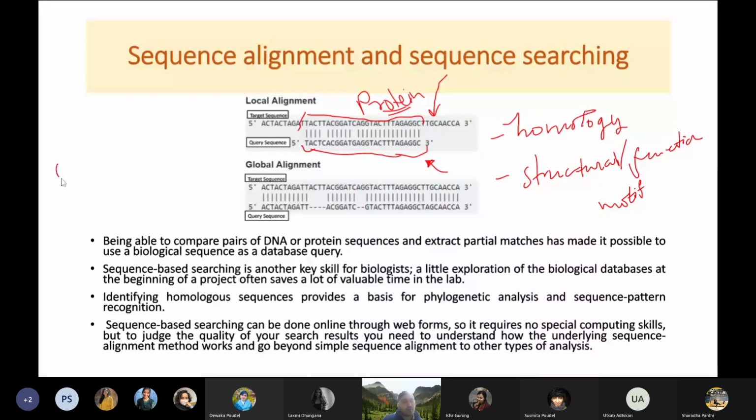So there is this concept of convergent evolution. What do you mean by convergent evolution? Anybody, do you have any idea about convergent evolution? What happens in convergent evolution is that two distinct lineages can develop similar function independently, right?